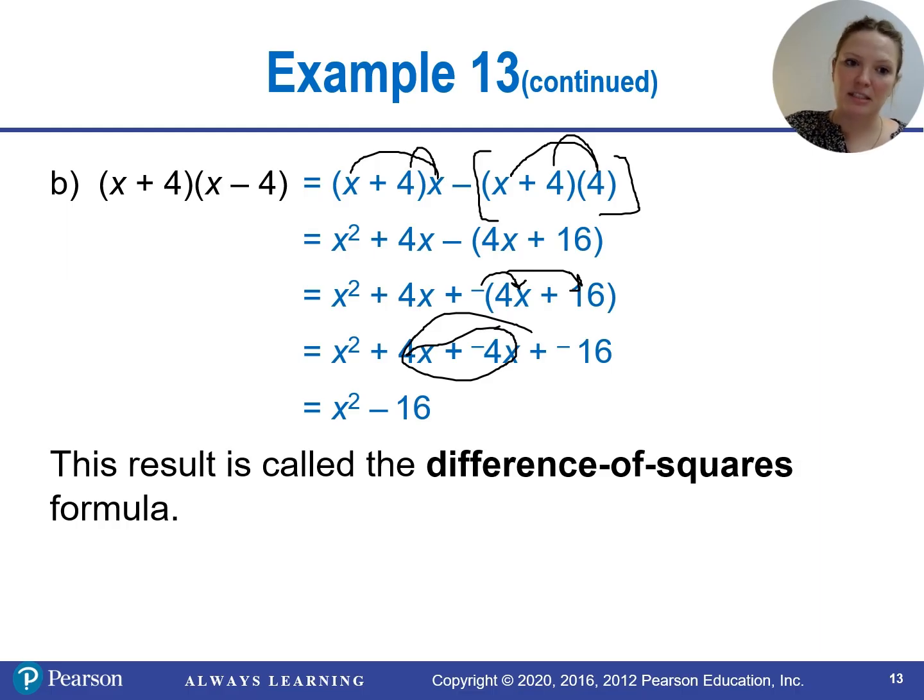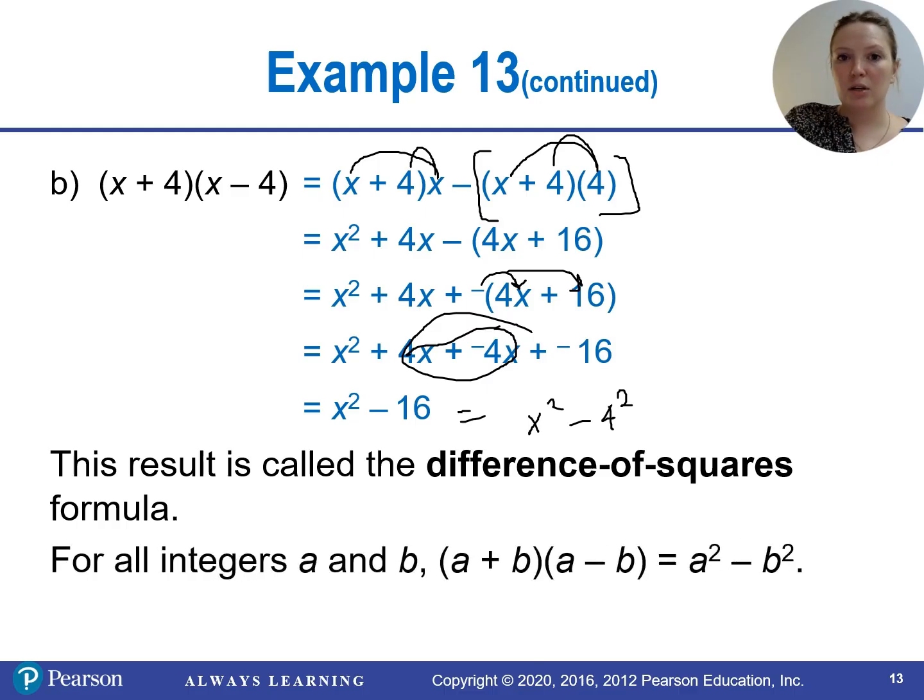So this is the difference of two square values, because we could think about this as x squared minus 4 squared. So the general theme is that if we have integers a and b, and we have (a plus b) times (a minus b), the result is simply a squared minus b squared.